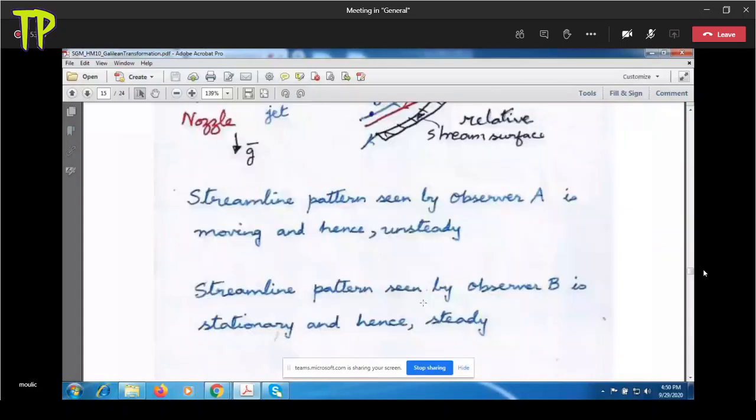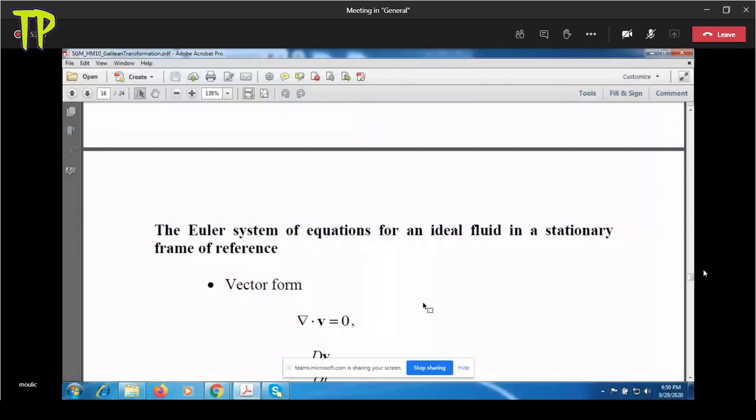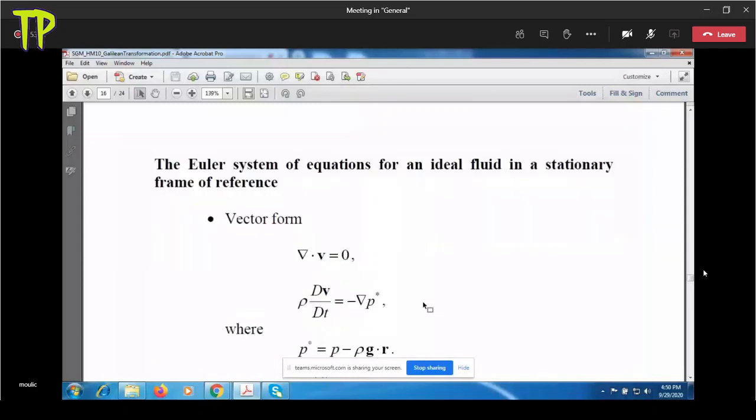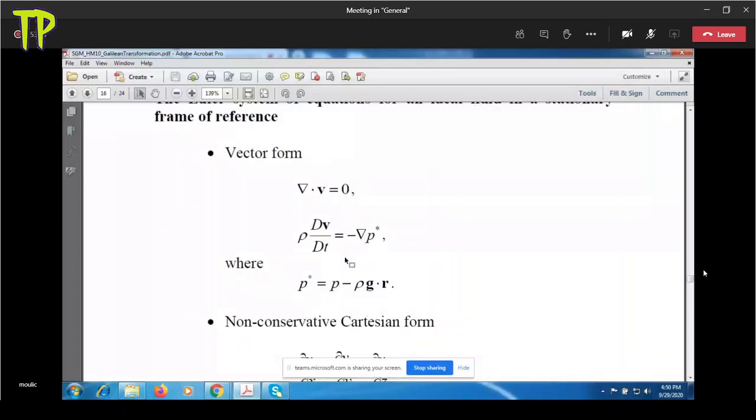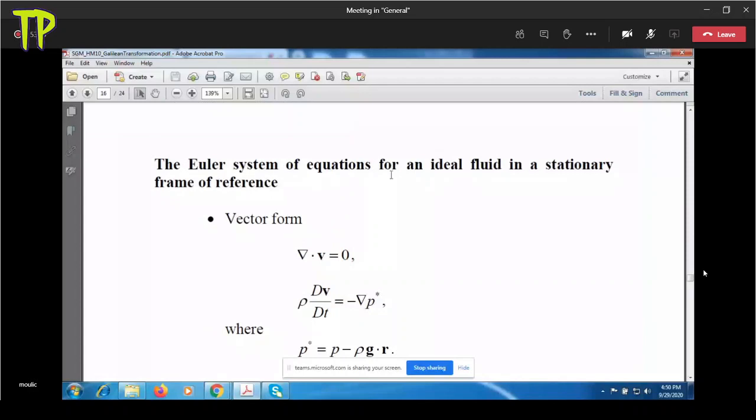So this is the simple physics, but to make quantitative predictions, you have to look at the equations, the mathematics. I've written here the Euler system of equations for an ideal fluid, first in a stationary frame of reference. Ideal fluid means viscosity 0 and density constant.